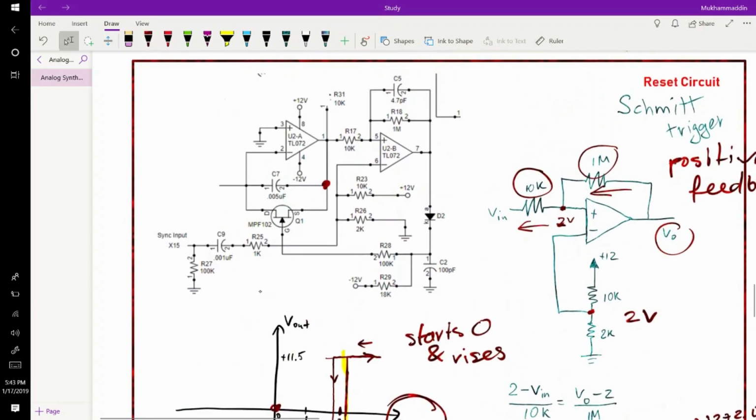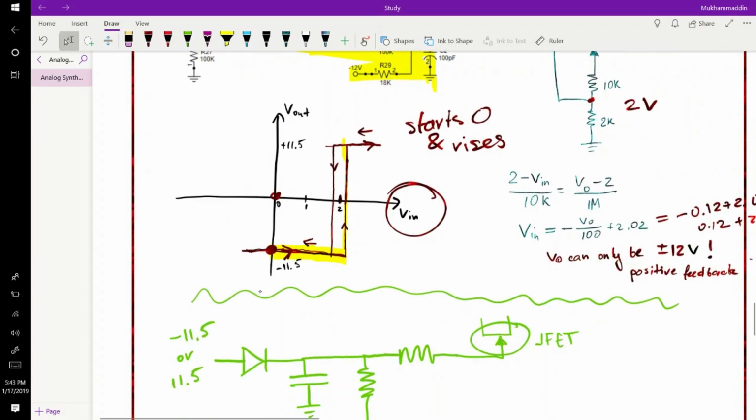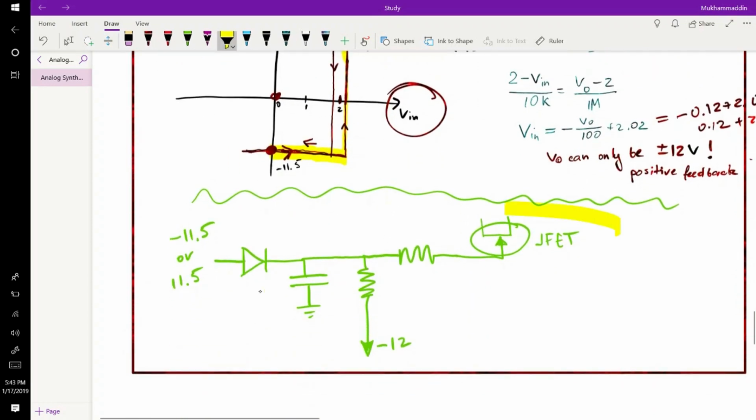So now look at this part of the circuit, which I've redrawn here. What happens at this part of the circuit? Initially this is negative 11.5, and here you have negative 12 volts, so at this node you have negative 12.